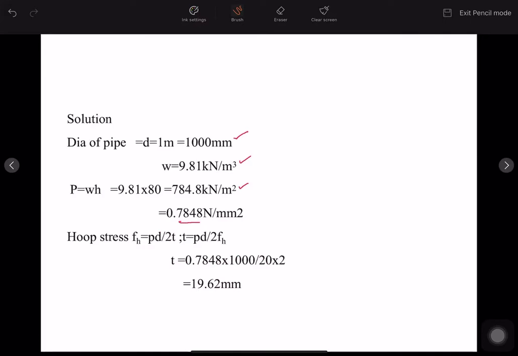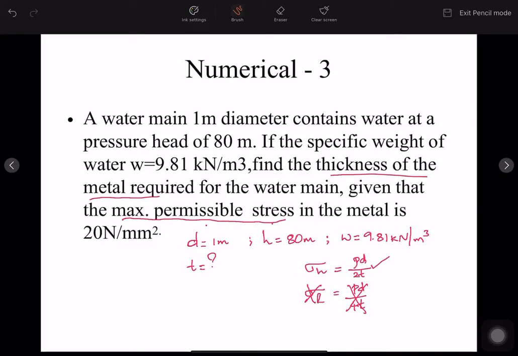So hoop stress sigma H equals PD by 2t, and P we have 0.7848, D is 1000, divided by 2 into 20. We get 19.62 mm. So that is what we need to find out here: the thickness of the metal required for the water main.